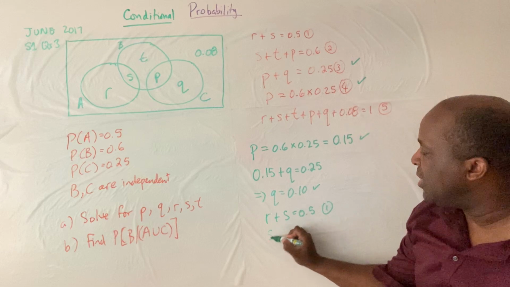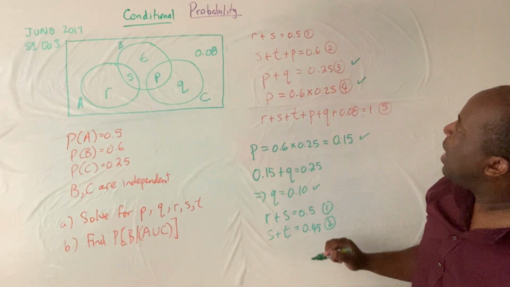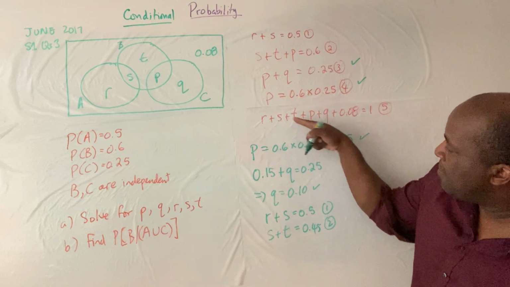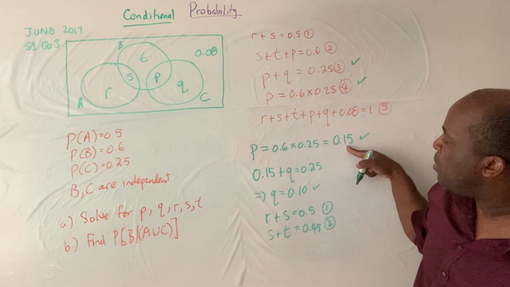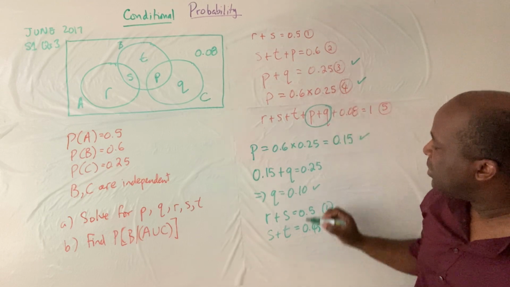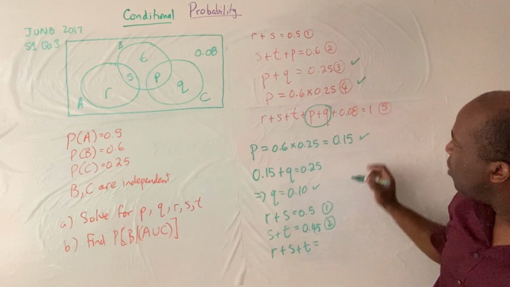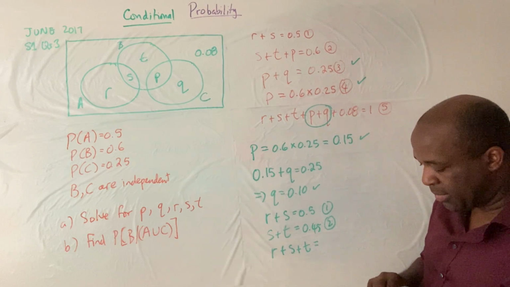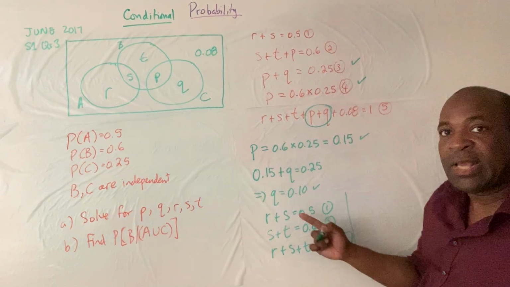So S plus T is equal to 0.45. That's equation 2. And then for the final one, I know P and Q added together: P is 0.15, Q is 0.1, that's 0.25. So R plus S plus T is equal to 1 minus 0.08 minus 0.25, so 0.67. All right, so that's my remaining information.